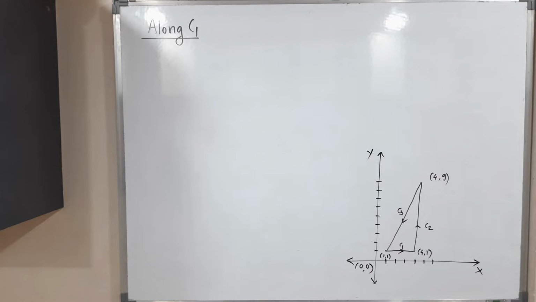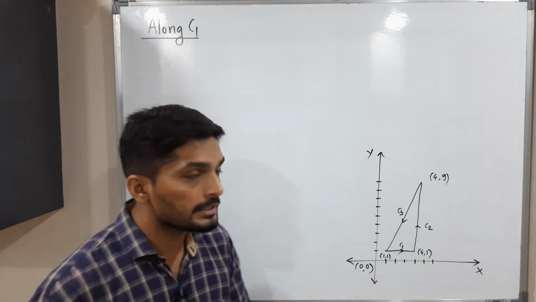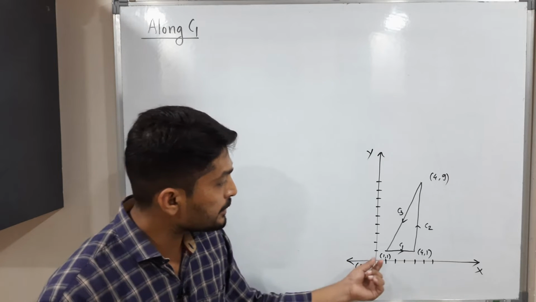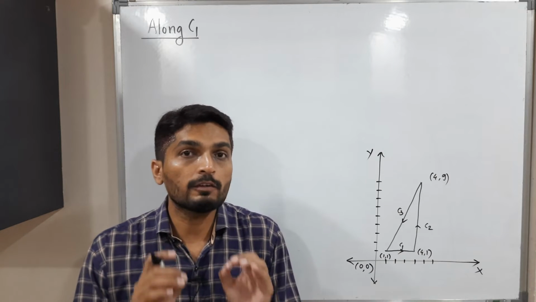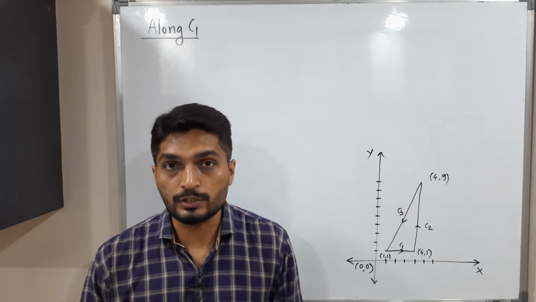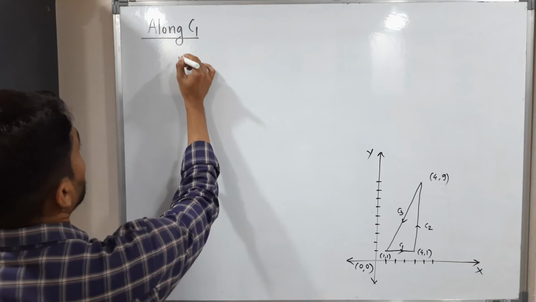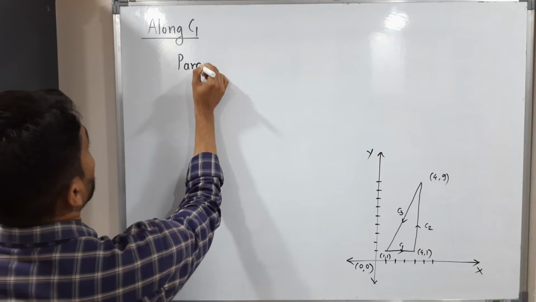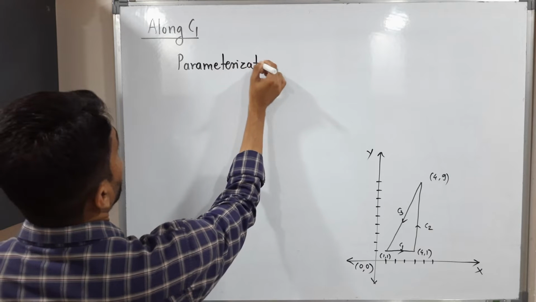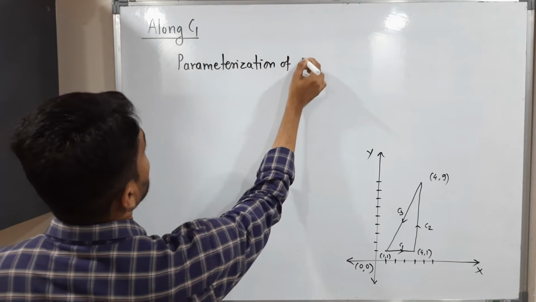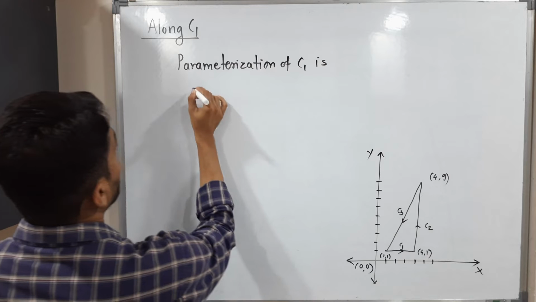So let us find the value of the line integral along C1. As you can see, C1 is a straight line which joins the points (1, 1) to (4, 1). When we have a straight line, we have a fixed parameterization. Parameterization of C1 is alpha.